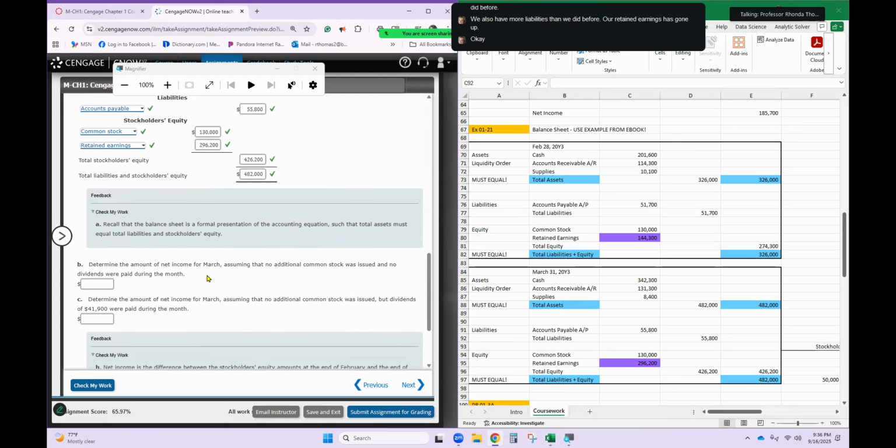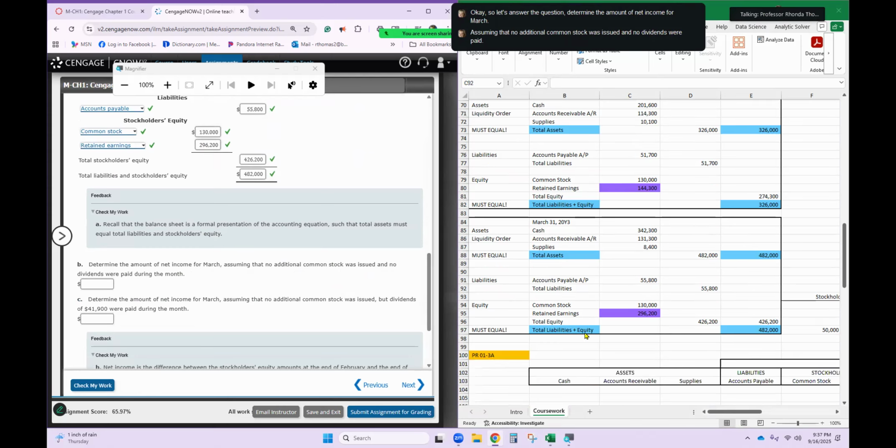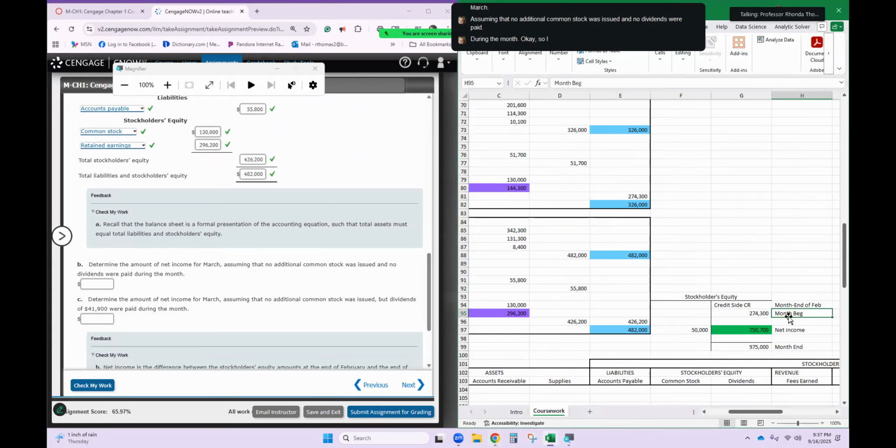Okay. So let's answer the question. Determine the amount of net income for March, assuming that no additional common stock was issued and no dividends were paid during the month. Okay, so I think I have that over here. So let's think about this. This is stockholders' equity.